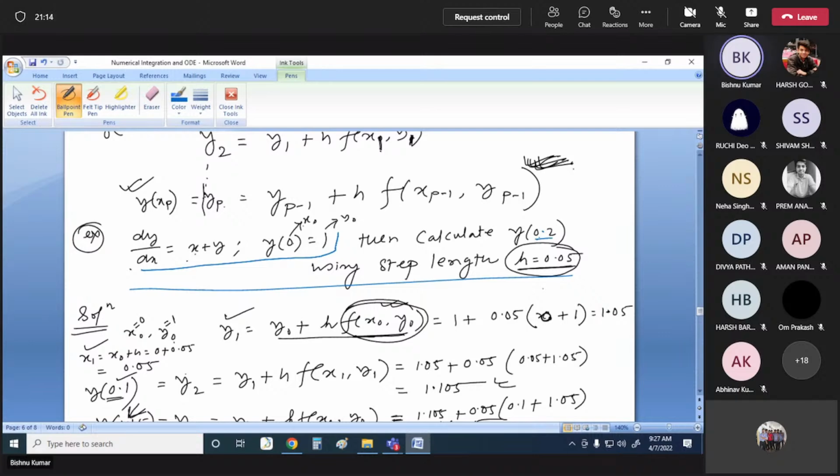So how many iterations you have to perform? You have to reach up to this much, step by step increasing the x value. What is the initial x? x0 is 0. What is x1? x1 is x0 plus h.